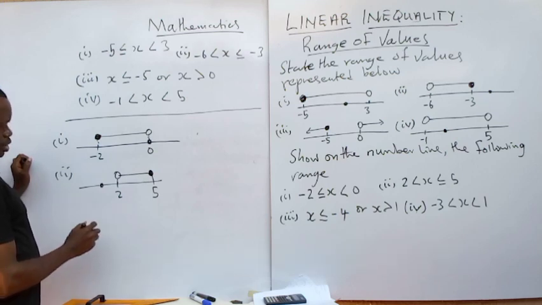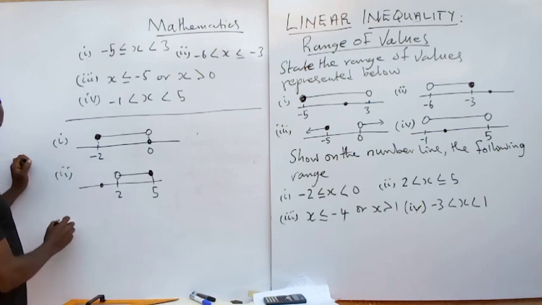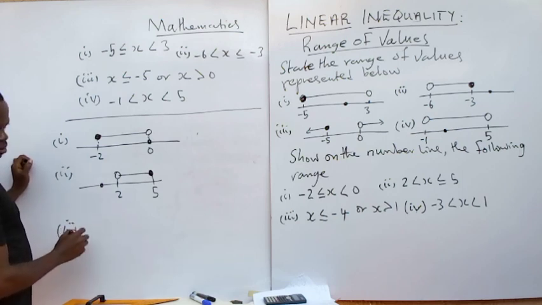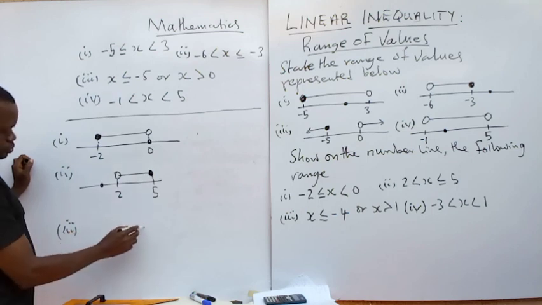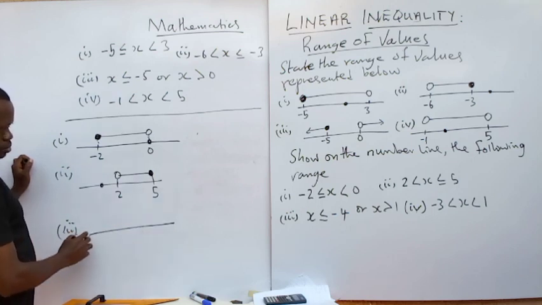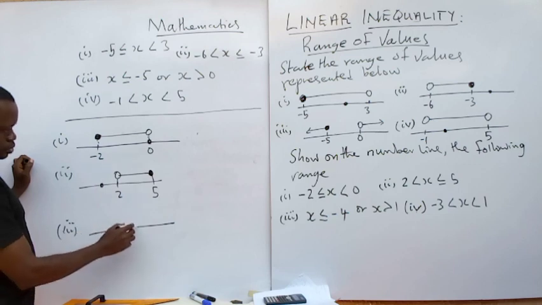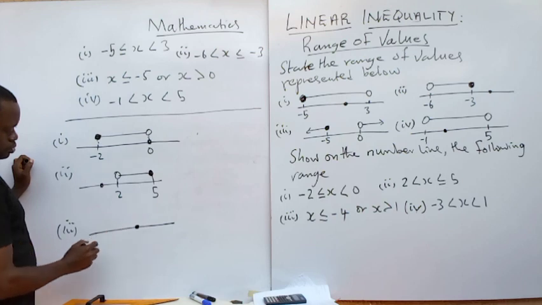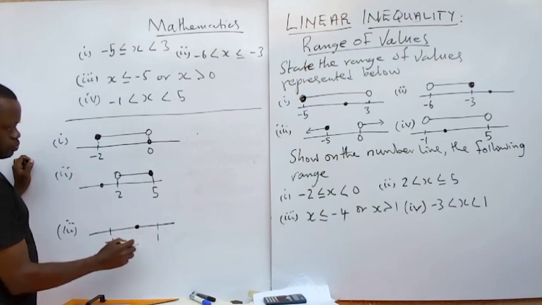What about the third one that says x is less than or equal to -4, and x is greater than 1. Let here be my 0, somewhere here be my -4, and somewhere here be 1.